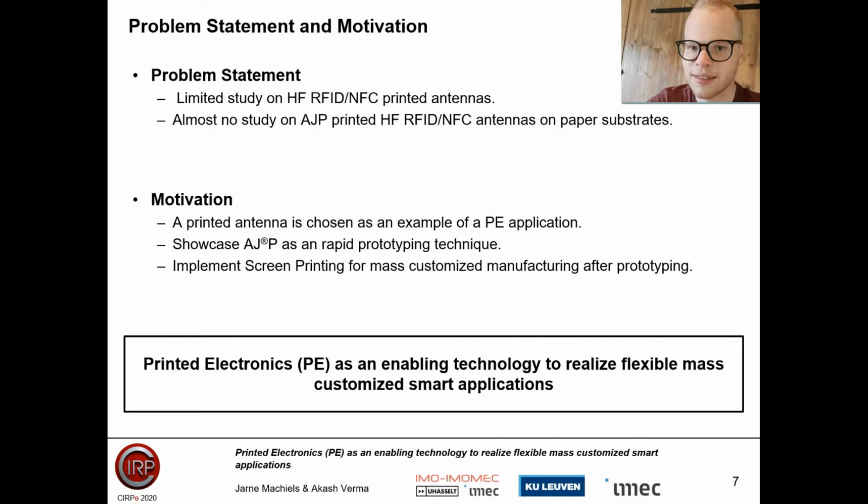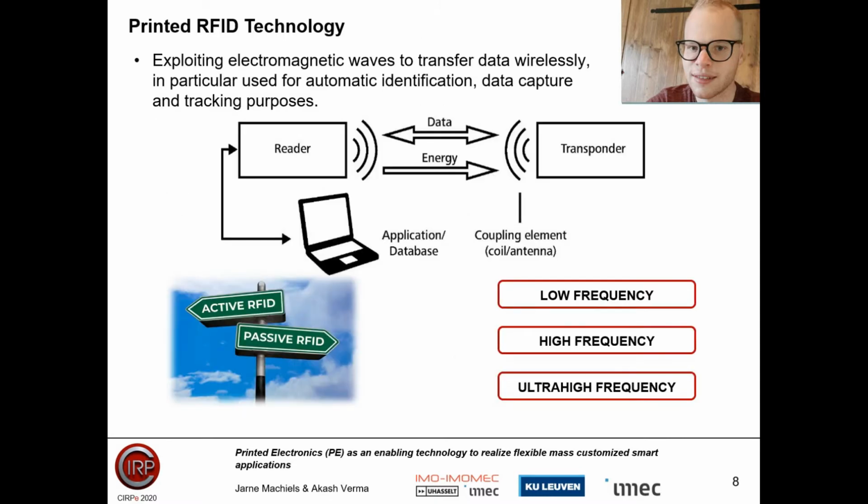So we selected the printed antenna as an example of printed electronics, and we would like to showcase the ability of aerosol jet printing as a rapid prototyping technique, and use screen printing for mass customized manufacturing of these antennas. So that at the end we can conclude that printed electronics is an enabling technology to realize flexible mass customized smart applications. Before that, I would quickly explain how RFID technology works.